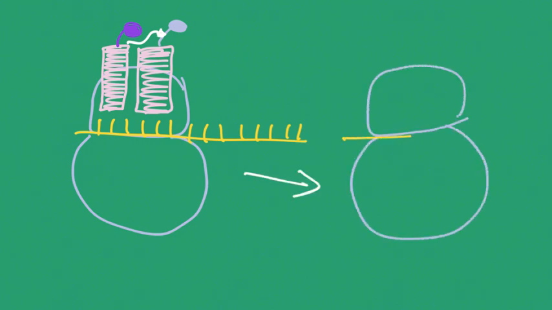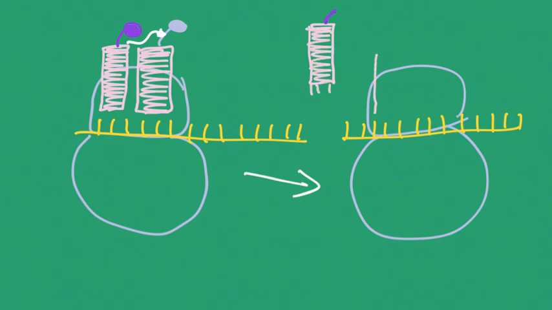It leaves the ribosome and goes off to find its amino acid. Now the second tRNA shifts its position because the mRNA shifts down one place. So here's the second tRNA holding on to two amino acids.